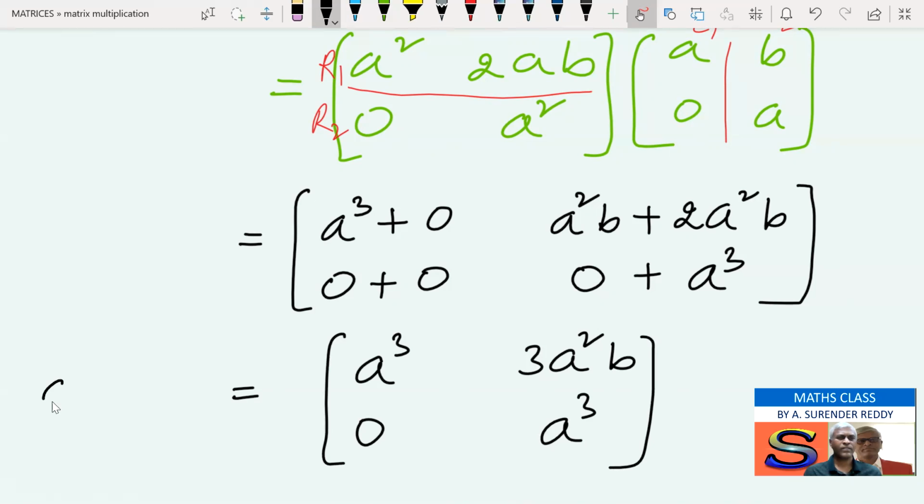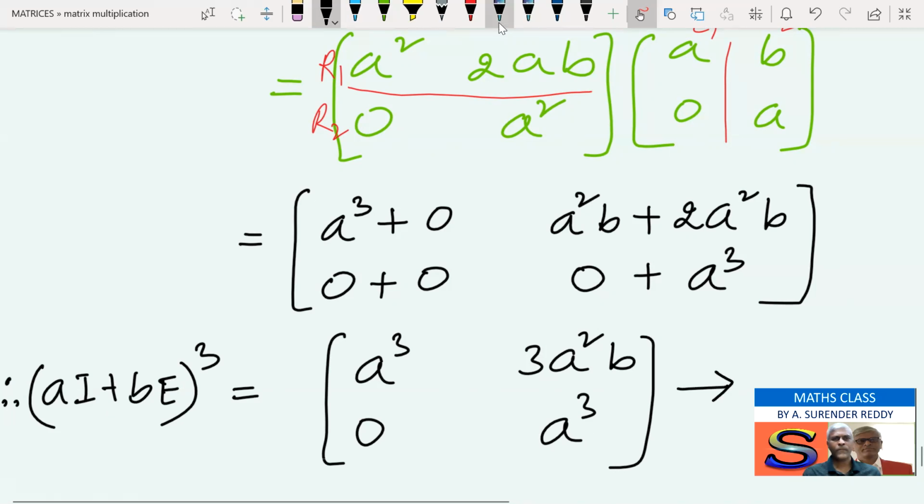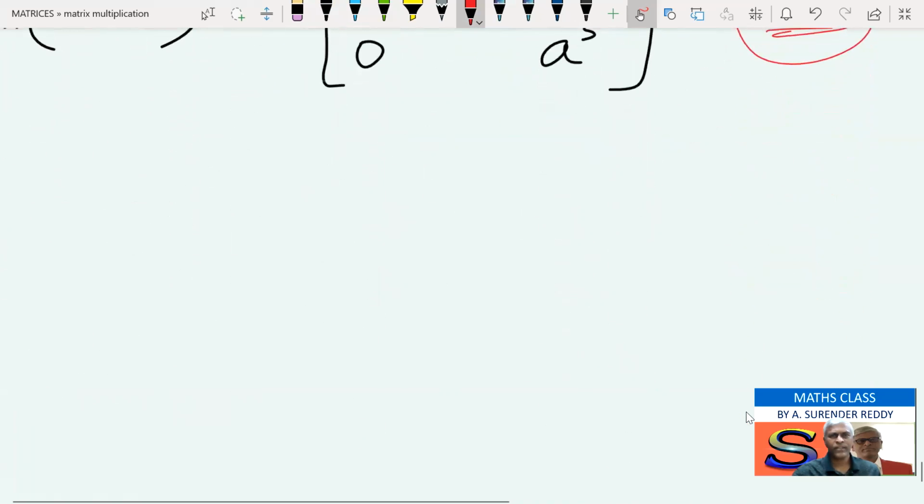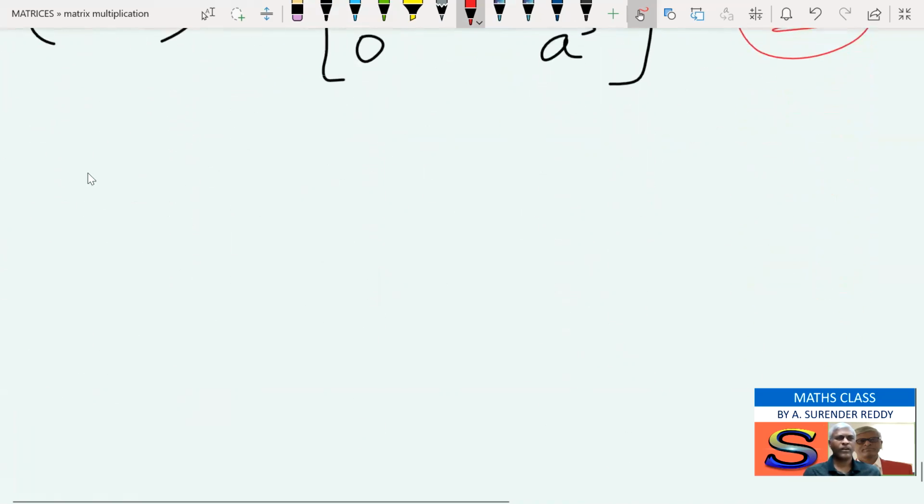So this is (AI plus BE) whole cube, that is the left hand side, the LHS. So now let us find the RHS, right hand side.